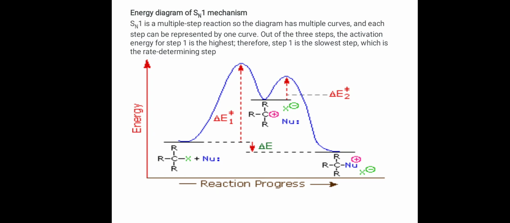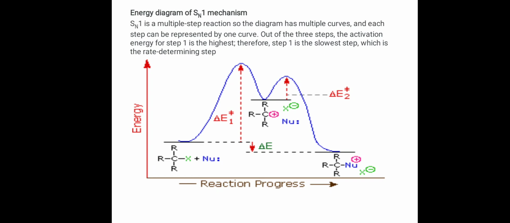The highest point, marked in red, is the activation energy, and slightly lower is the tertiary carbocation. As I mentioned, the carbon bonded with three alkyl groups is the tertiary carbocation, and it is the more stable carbocation.